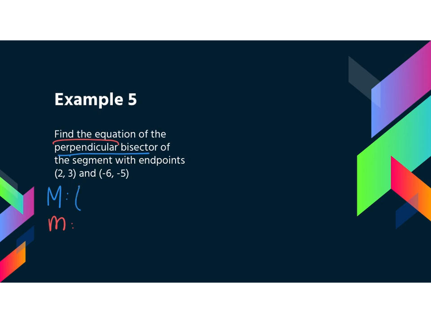So we're going to find the average of the x's, 2 minus 6 divided by 2. Average of the y's, 3 minus 5 divided by 2, to get a midpoint of -2, -1. So the equation of the line needs to go through this point. We also need to find our slope. And we need to find the slope of the original segment because we want our new slope to be perpendicular to that.